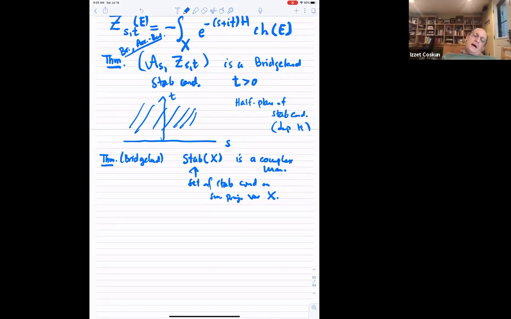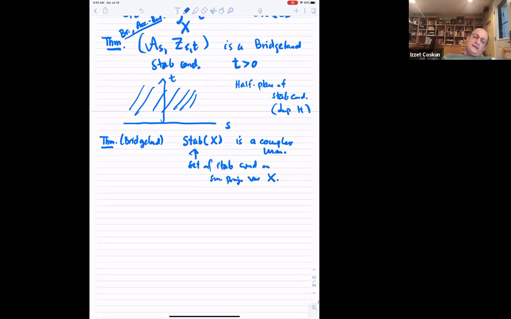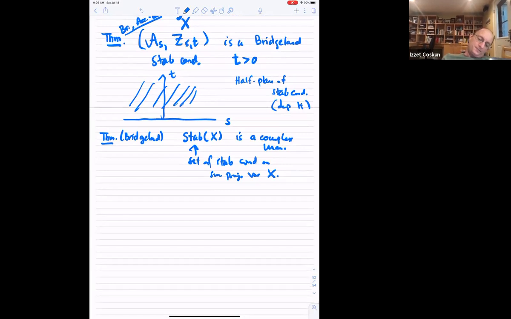So now what's nice about this is that there is a wall and chamber decomposition. All right, what does this mean? Here is what you do.